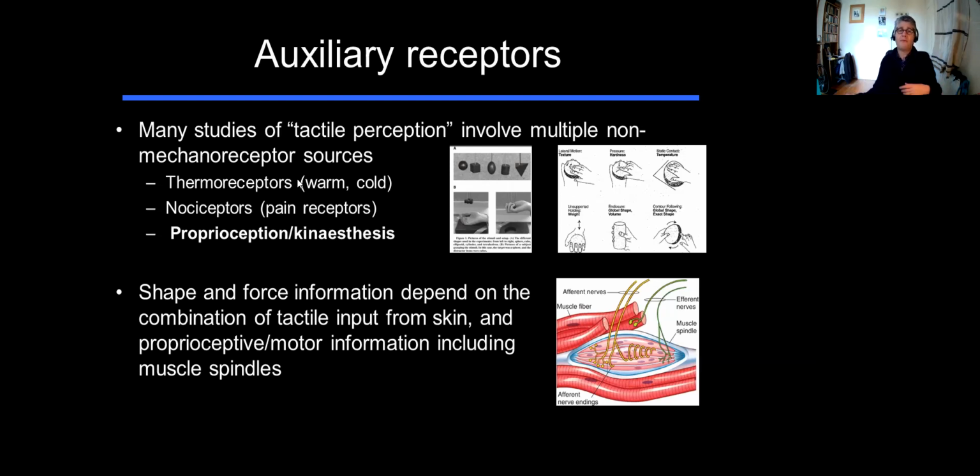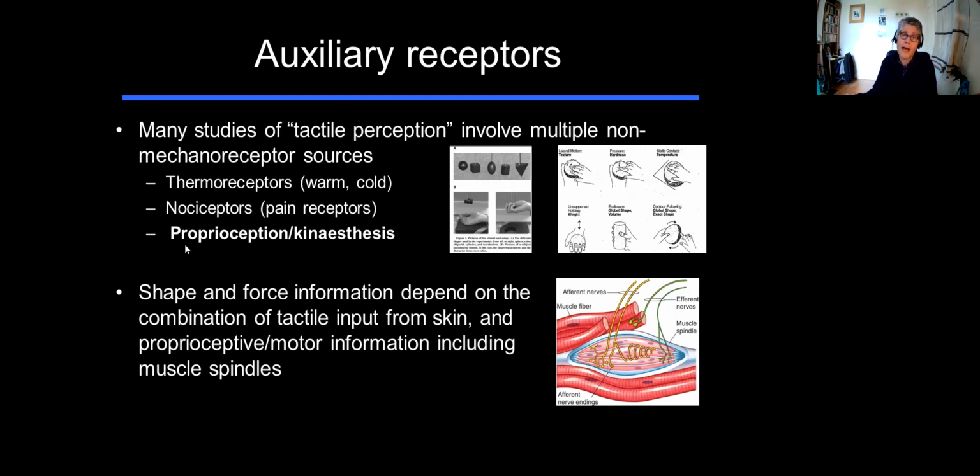For example, people in the user interface world often talk about thermal sensations as being part of touch. Now, thermal sensations actually come from a separate set of receptors in the skin, which don't respond to mechanical energy at all, but only respond to thermal energy, either in the warm or in the cold range. Many stimuli on the skin will activate pain receptors, even at quite low pressures. So a lot of what we might call touch perception could include signals in pain receptors.